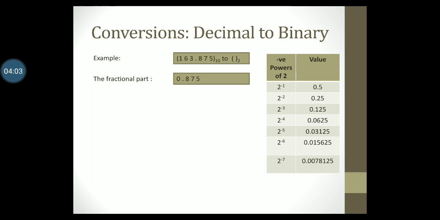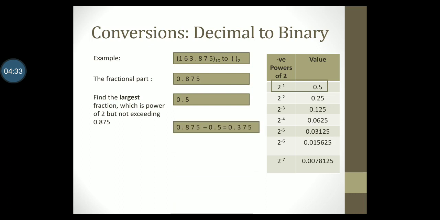We have to find the largest fraction which is a power of 2 but does not exceed 0.875. We find that 2 raised to minus 1 is equal to 0.5, the largest fraction which is a power of 2 but does not exceed 0.875. So we record it.